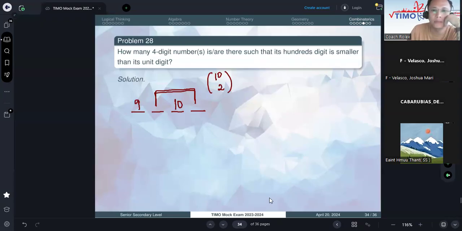Oo, pwede siyang magkabaliktad, for that. So that is why we divide it by 2. So instead of having 90, we will have 45. But anyhow, the detailed solution for this is on the solution manual.